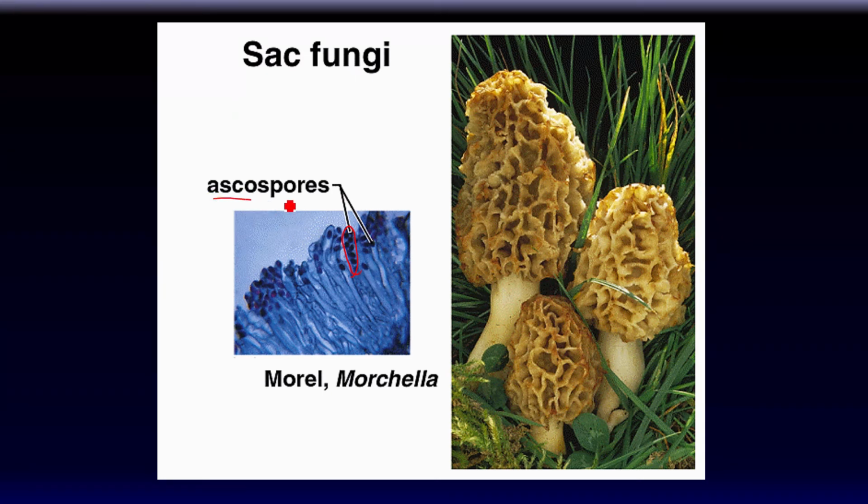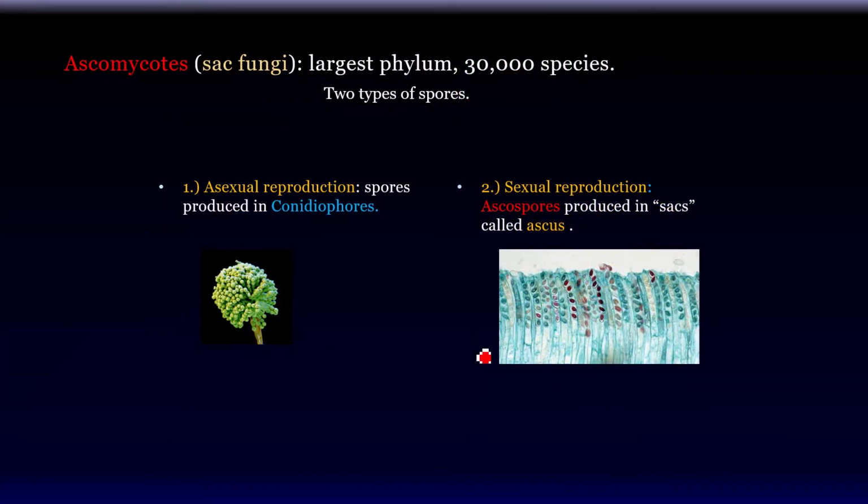An ascus is basically a spore sac. The morel, over here, which apparently is a very expensive fungus delicacy, is an example. The Ascomycota are apparently the largest phylum with some 30,000 species.